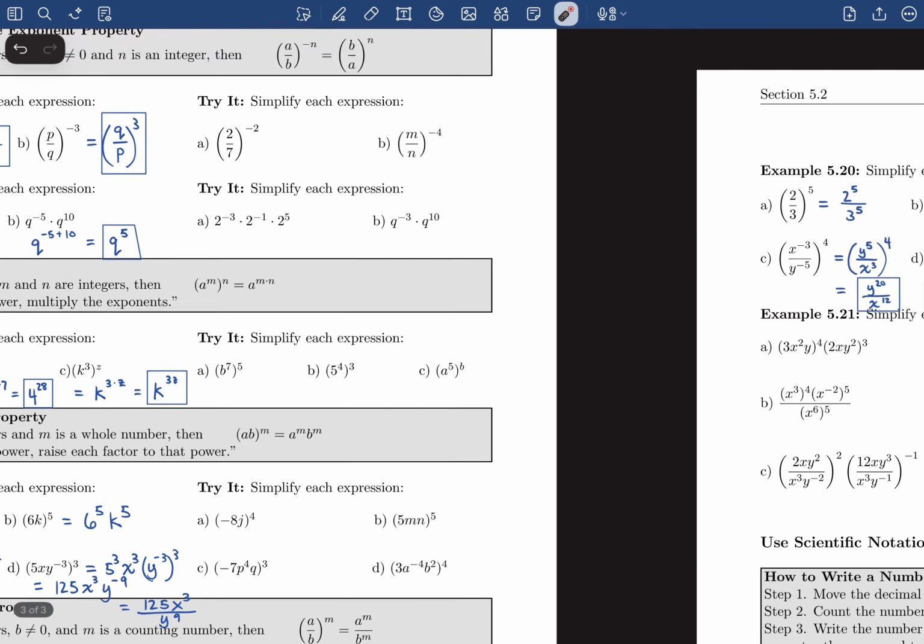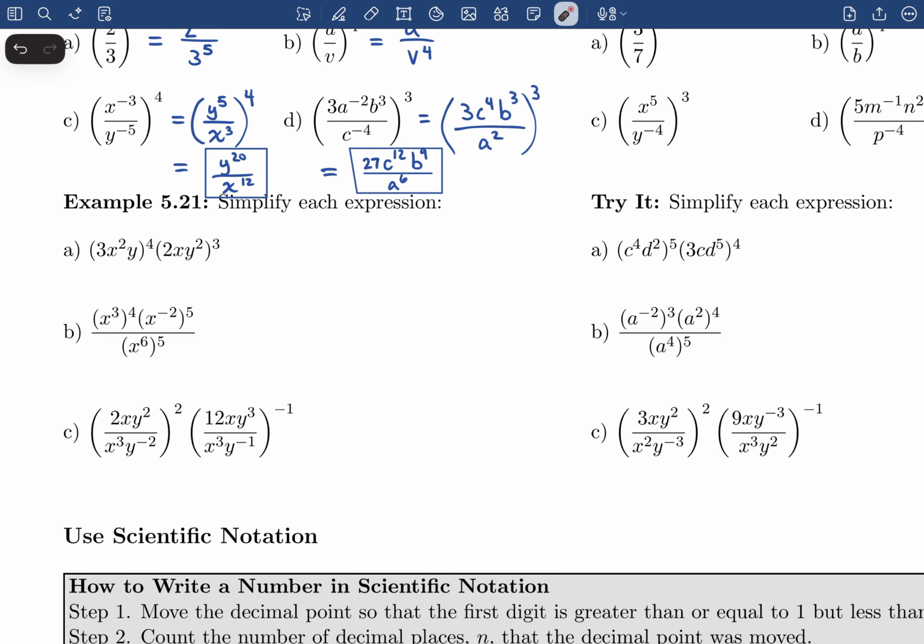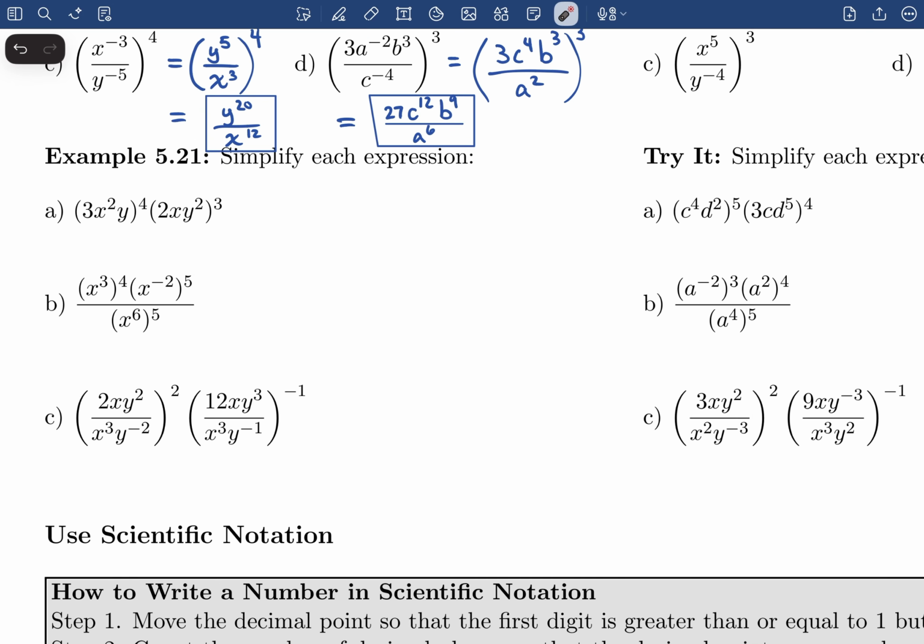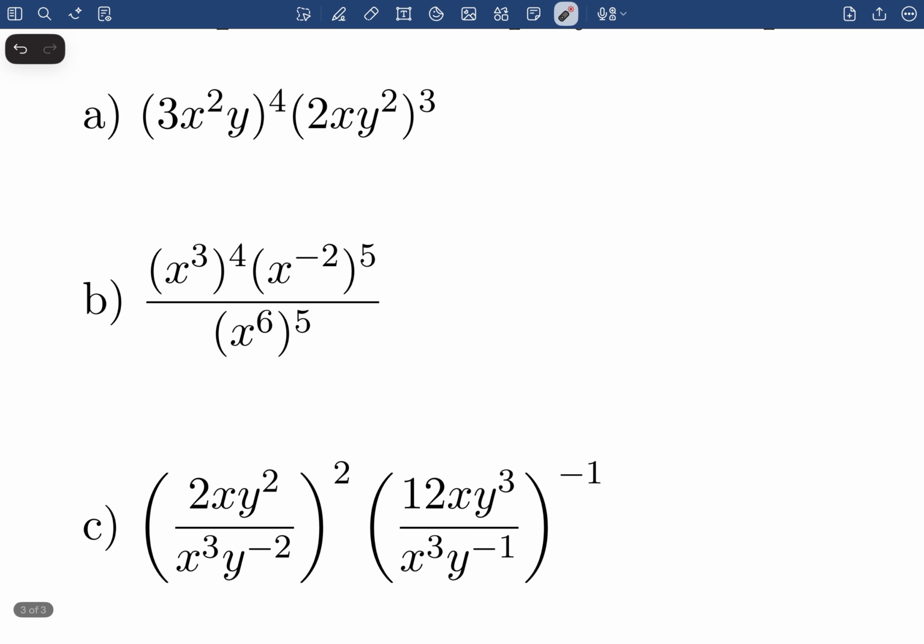Do you know these 8 rules that we've learned about today, these properties of exponents? And you'll see that we don't just use one property at a time. You've already started to see that in some of these examples. We're using multiple properties at one time to simplify as far as we can. So let's try applying a lot of properties at the same time.